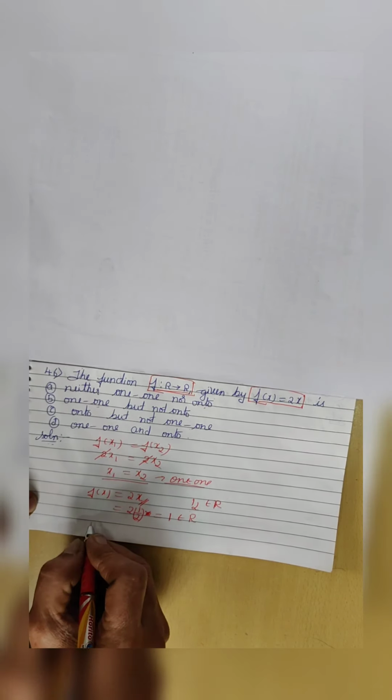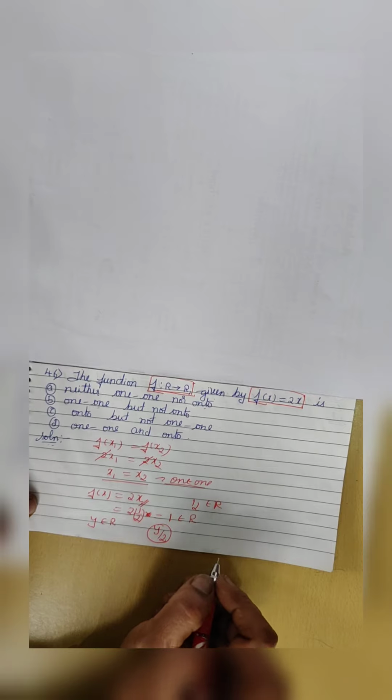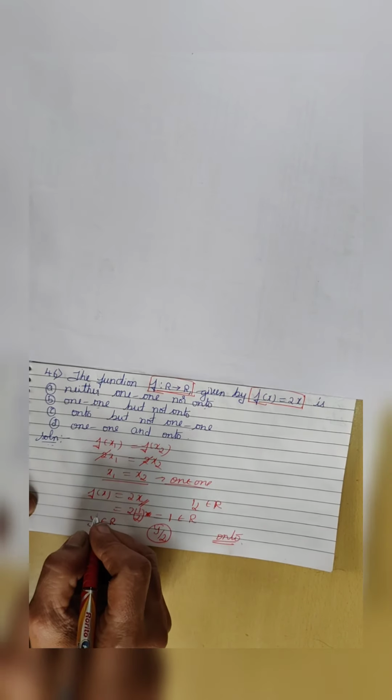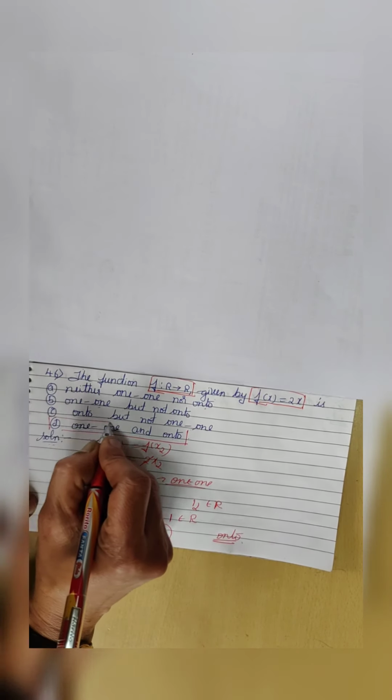Now we will see y belongs to R, and definitely y by 2 also exists. y by 2 exists. Therefore, it is onto function. And the correct option is D, 1-1 and onto.